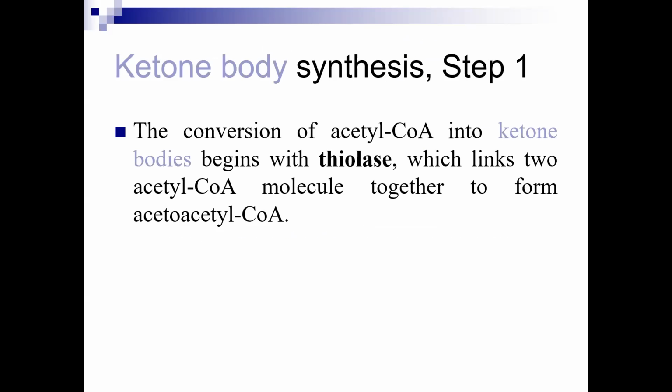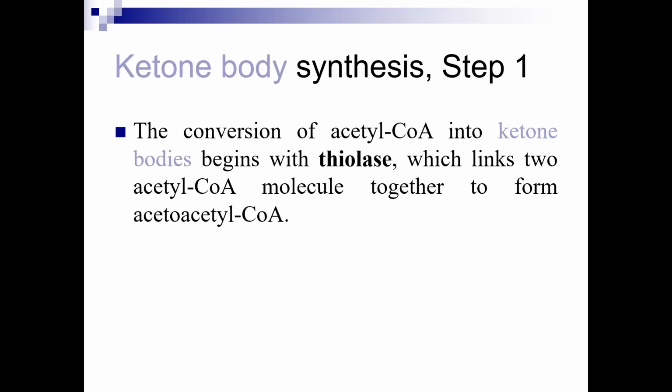So the first step involves the synthesis of acetoacetyl coenzyme A from 2 molecules of acetyl-coenzyme A. This reaction should look really familiar. In fact, this is the last step of beta oxidation, except it's in reverse.